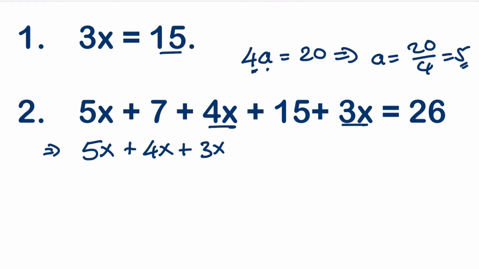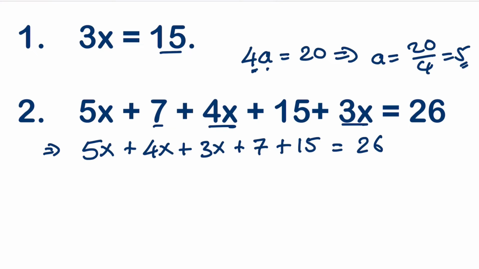These are like terms. Then we have 7 plus 15 should be equal to 26. Now in math, we can only add like terms together. It's just like you can't add apple and banana. You can only say I have 2 apples and 1 banana.